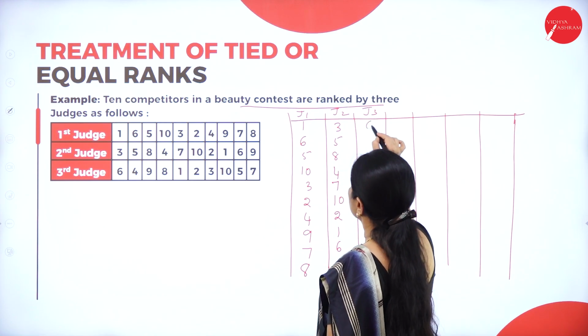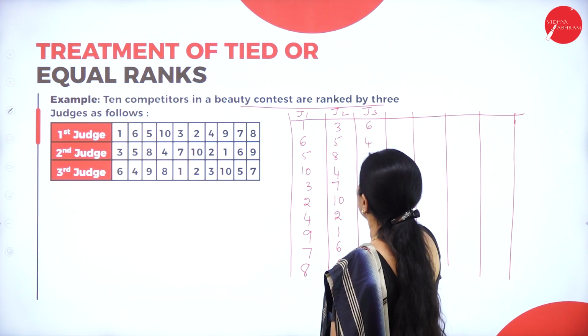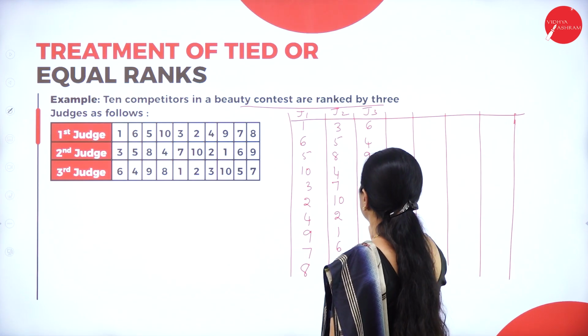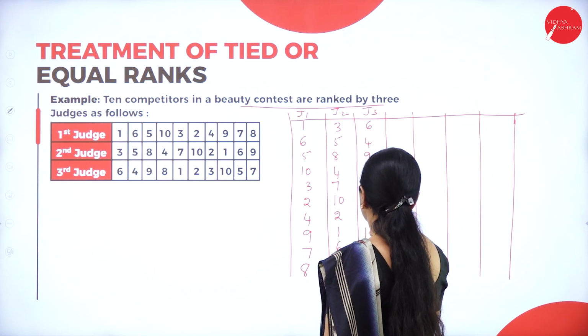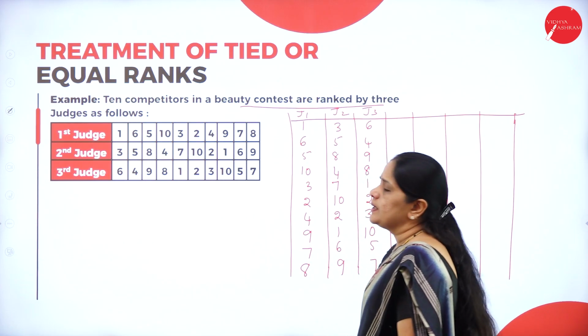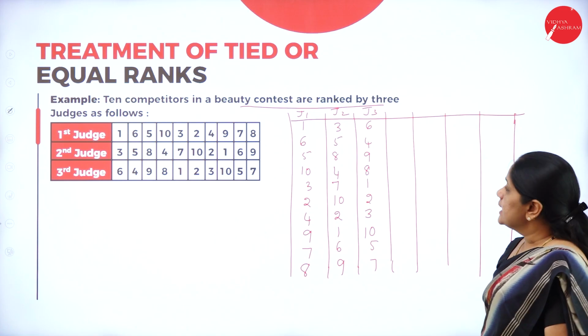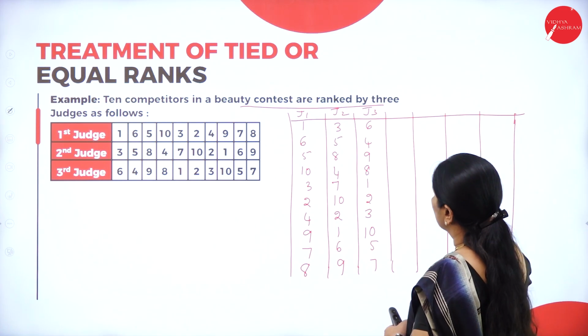Judge 3: 6, 4, 9, 8, 1, 2, 3, 10, 5, 7. So we have the rankings given by the three judges. Now how do we find the rank correlation?